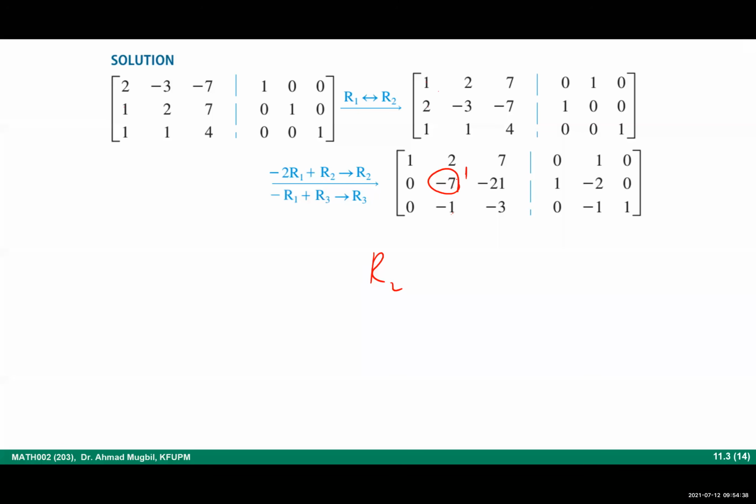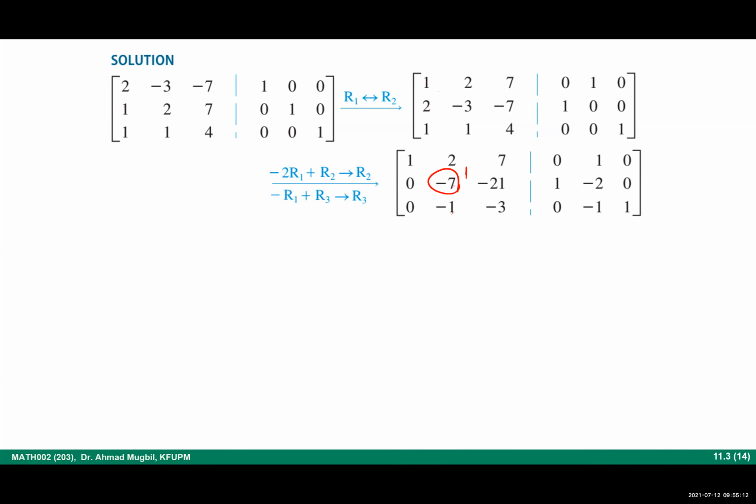I will multiply row number 2 by what, to change this -7 to be 1? Hello? I'm not sure. You have to come to my office hours today, ya Jawad. Okay? Doctor, -1 over 7. Jawad, let me finish this issue. Jawad, are you going to come to the office hours today or not? Yes, I will. Okay. Because we need to proceed.